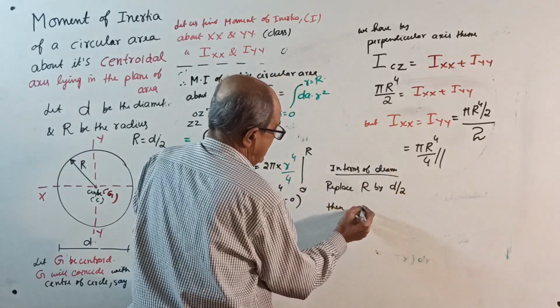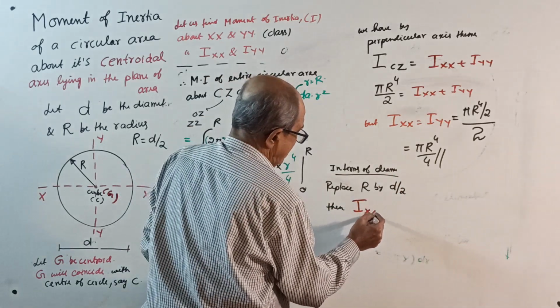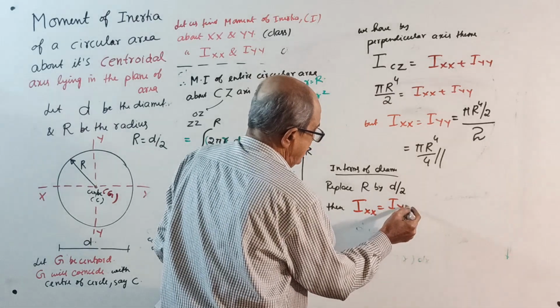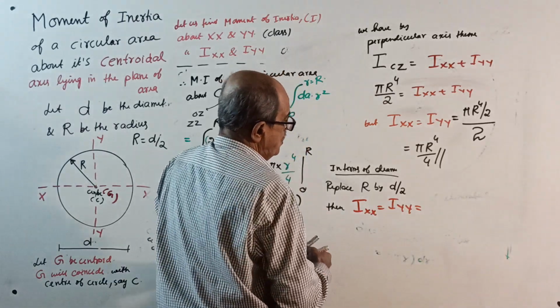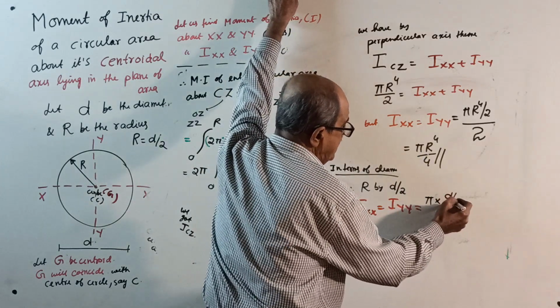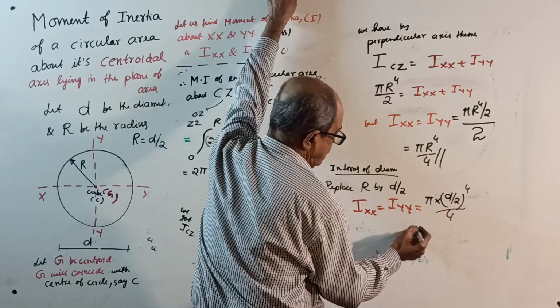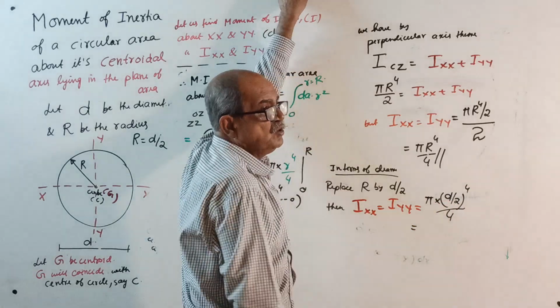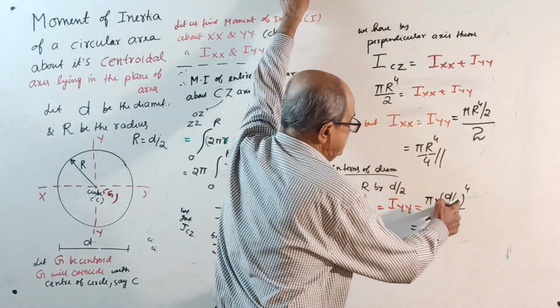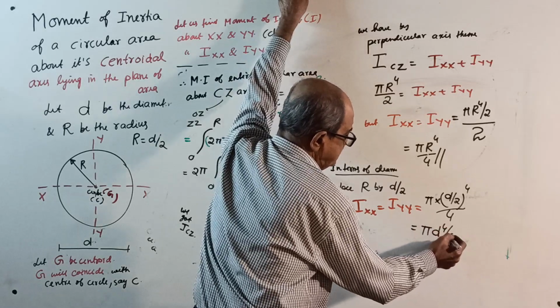Then I_xx equals I_yy equals pi into (d by 2) power 4 by 4, or 2 power 4 is 16, 16 into 4 is 64, so pi d power 4 by 64 is the answer.